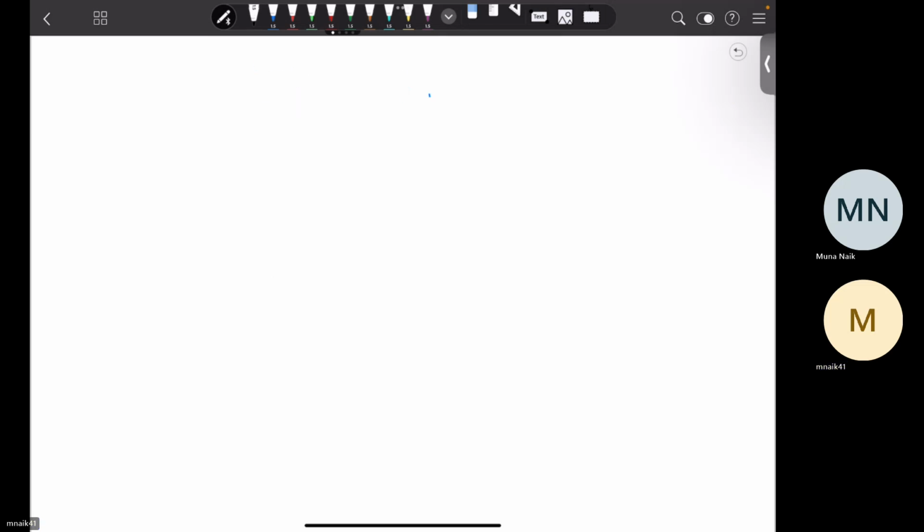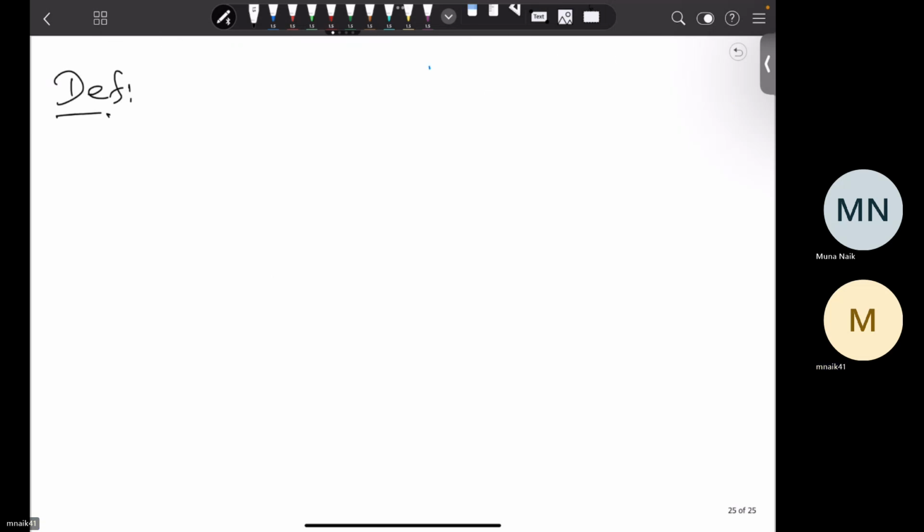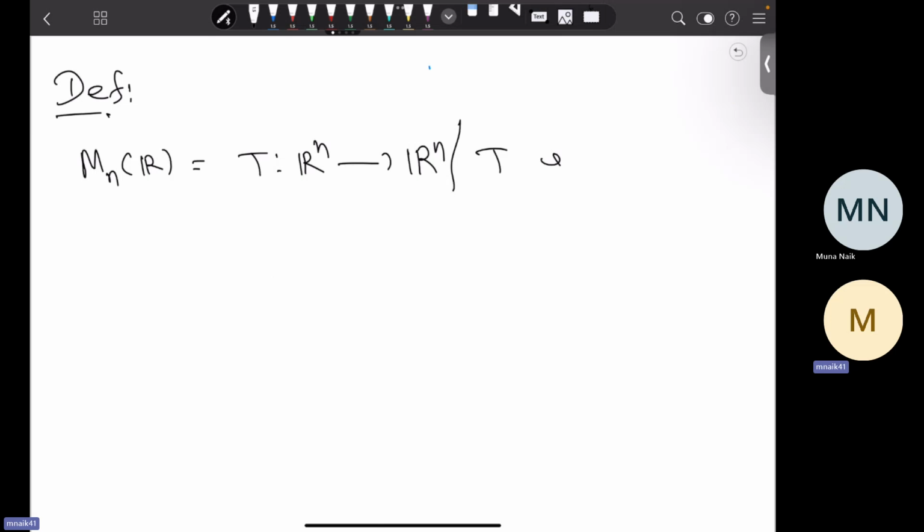M_n(R) is the set of T from R^n to R^n such that T is a linear map.